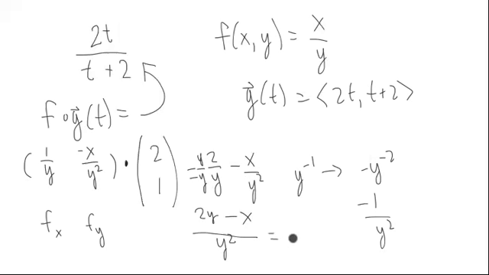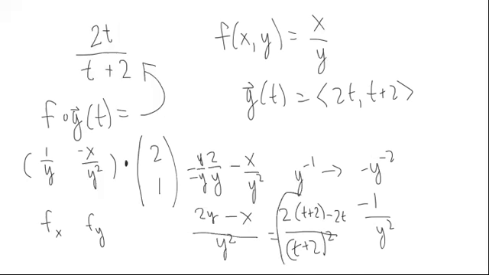Y is t plus 2, so t plus 2 quantity squared. And the top you have 2 times t plus 2 minus x, which happens to be 2t, which makes sense because this times 1 is the derivative of the bottom. This is the derivative of the top times the bottom, and you subtract and then square.